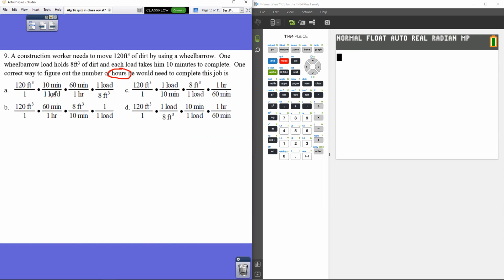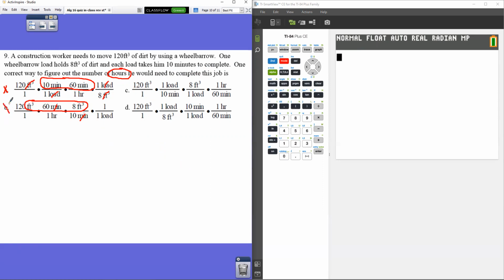Well, here in choice A, load and load would cancel out. Cubic feet and cubic feet would cancel out. But then we're left with minute times minute. We don't want minute squared. We want hours. So A doesn't make any sense. In choice B, we would have minute and minute cross out, but then we have cubic feet and cubic feet both on the same one.